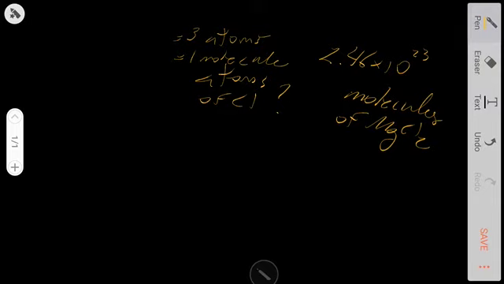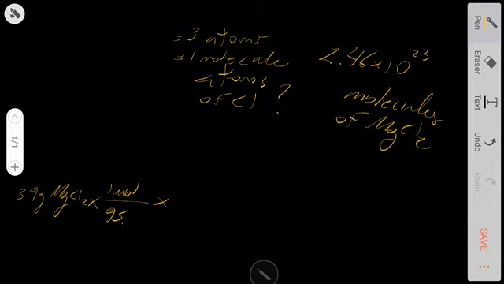But how you should have written it out, let me try to rewrite it a little smaller. It would be 39 grams of MgCl2. You would first convert that to moles. So in 1 mole of MgCl2, I had 95, what was it? I erased it. I think it was 95 point something.